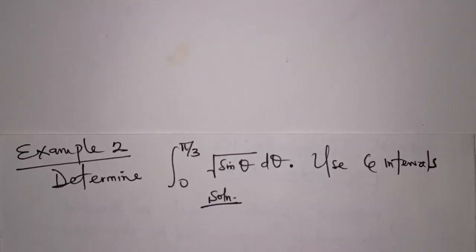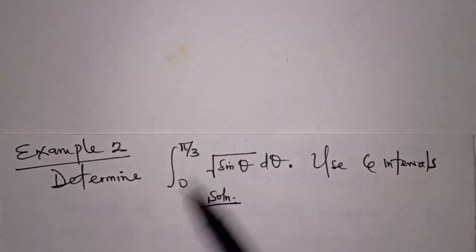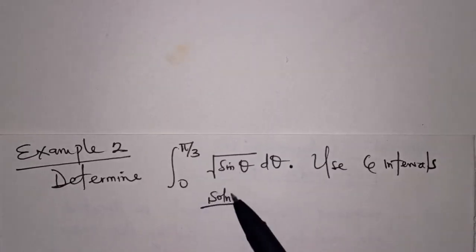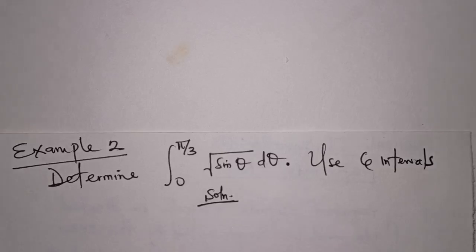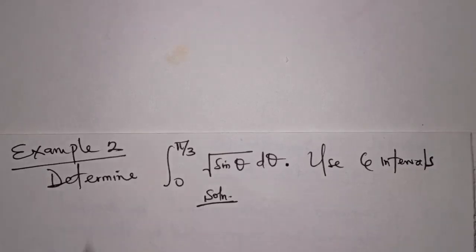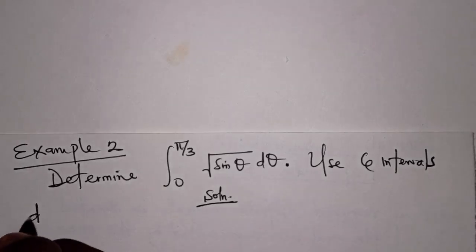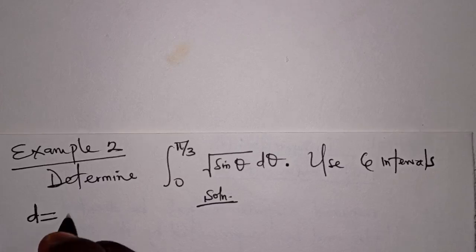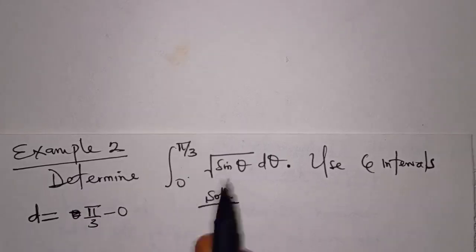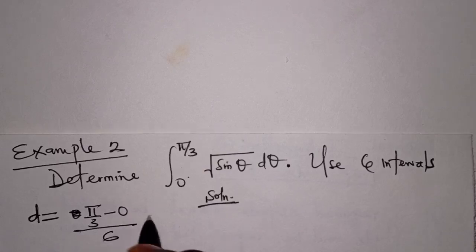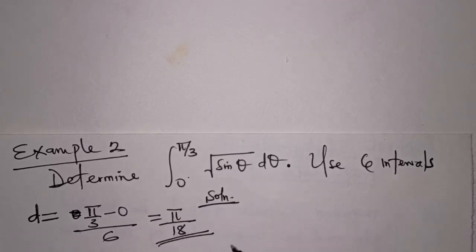Using the trapezoidal rule, let us determine the integral from 0 to pi over 3 of the square root of sine theta d theta, and here we are making use of 6 intervals, and that means that the width of each subinterval is pi over 3 minus 0, which is this minus this, divided by that 6, and that will be pi over 18 in radians.